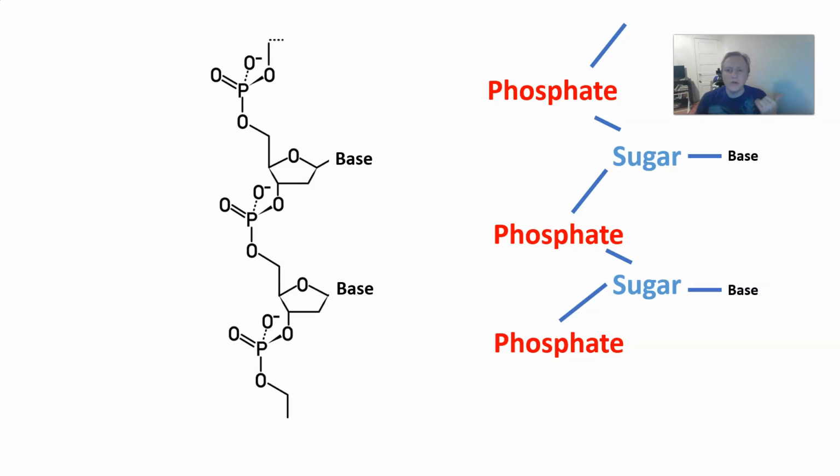What I want you to know about DNA is that it is made up of this backbone of repeating phosphate and sugar subunits. So here's our phosphate, here's our sugar. Here's our phosphate, here's our sugar. You don't necessarily need to know the chemical composition of these things. You should know that there's a bunch of carbon in here. And you should also know, again, that it's a phosphate sugar backbone.